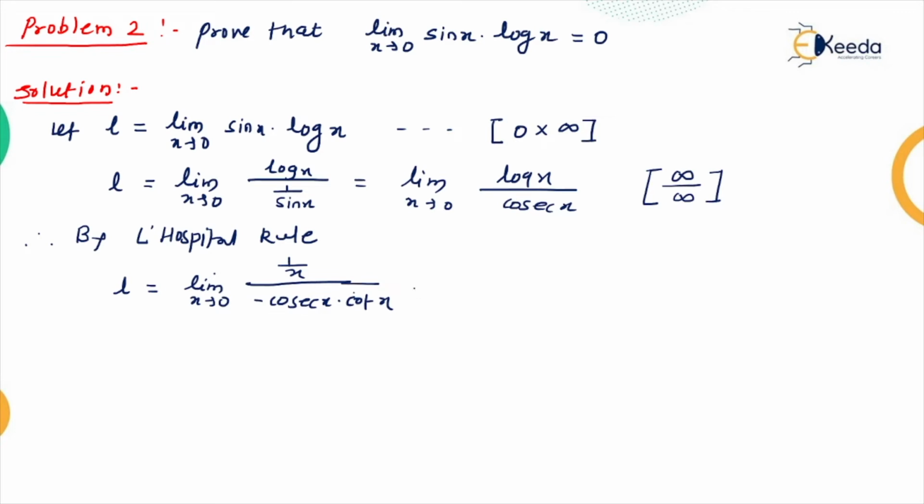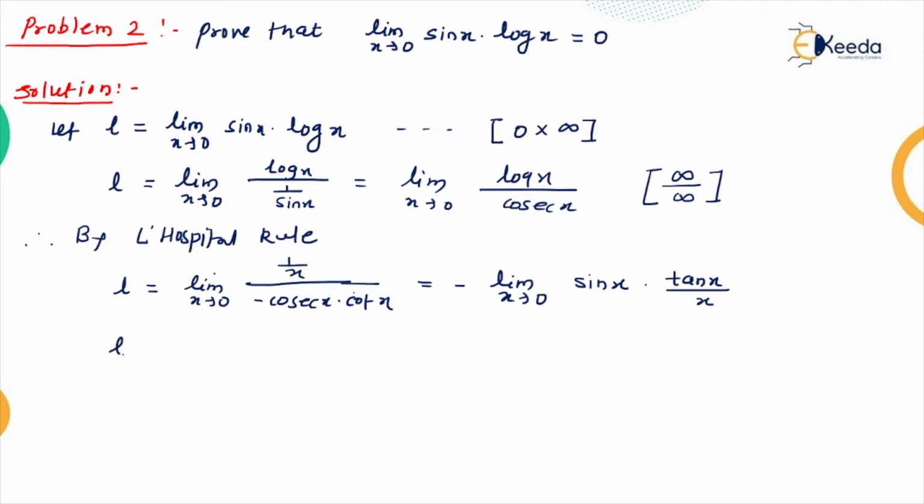So I take the minus sign outside the limit, 1 upon cosec x becomes sin x, and what remains is cot x, which is nothing but 1 upon tan x, divided by x. I hope you understand this, right?